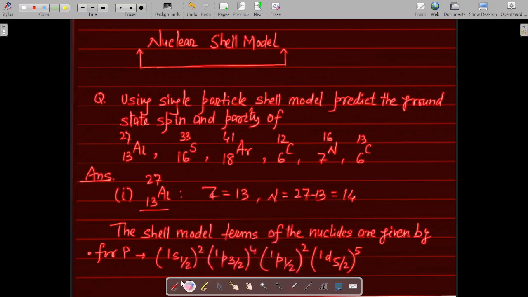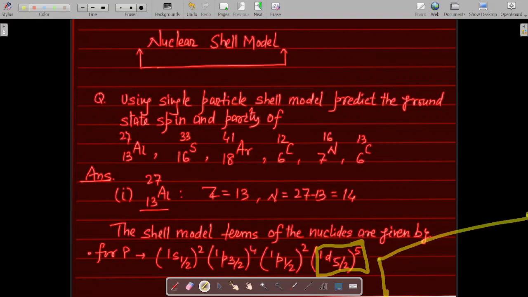Now what is to be observed over here? The thing to be observed is that in this particular subshell it is an even number of nucleons. In this subshell also it is an even number of nucleons, and in this subshell also. And in this particular subshell it is an odd number of nucleons. So you should only consider this particular shell, because it has an unpaired nucleon.